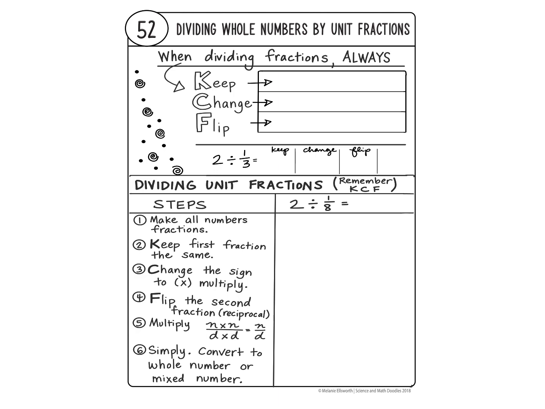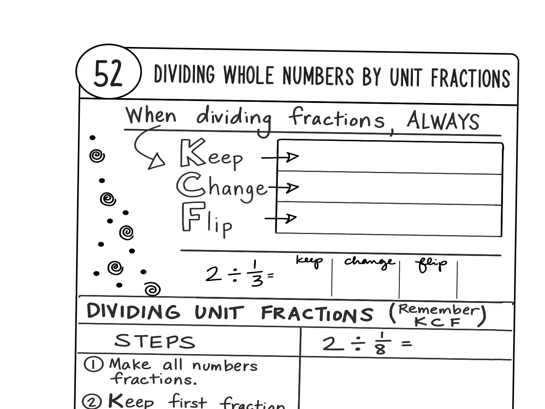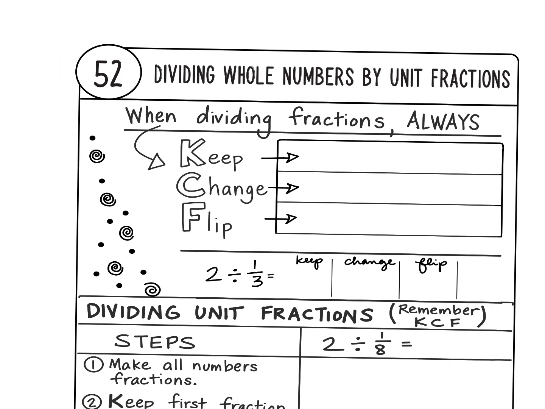What if I divide a whole number by a unit fraction? So now I'm reversing the order that I had it in. Remember, keep means what? Keep the first fraction the same.